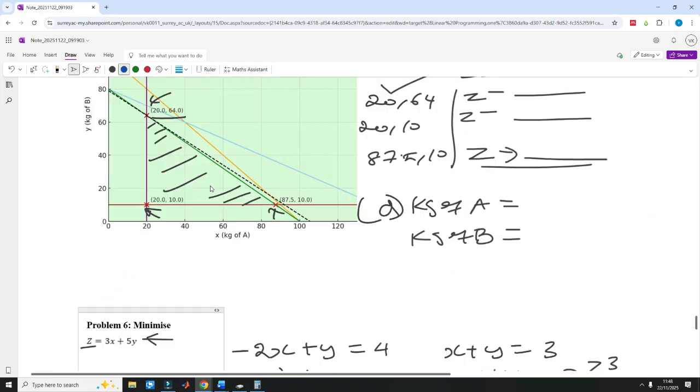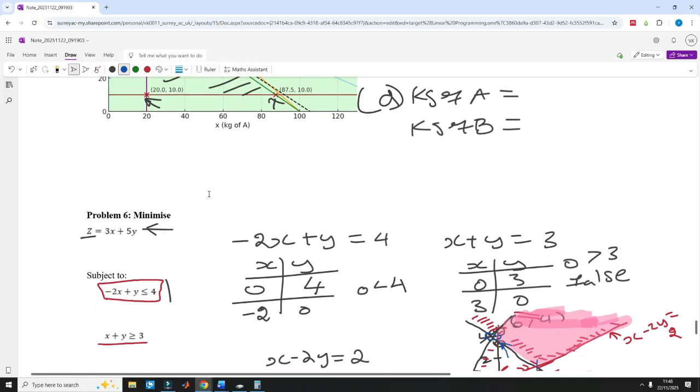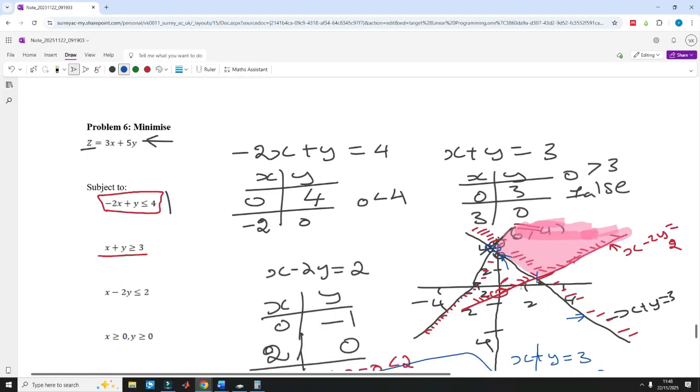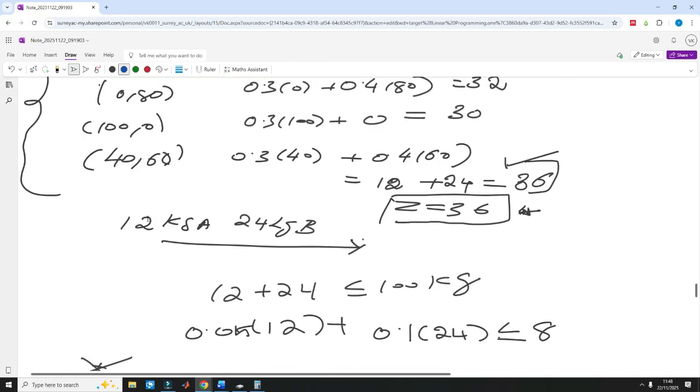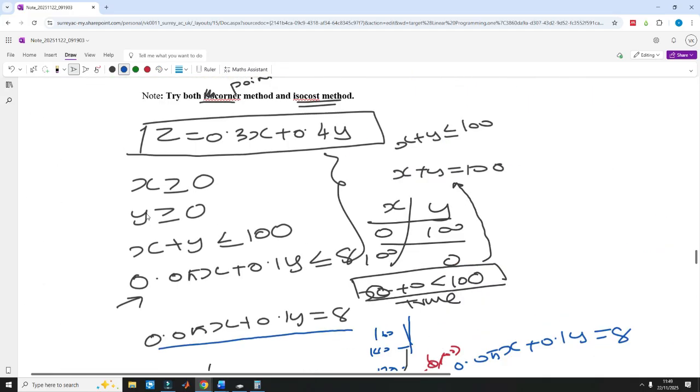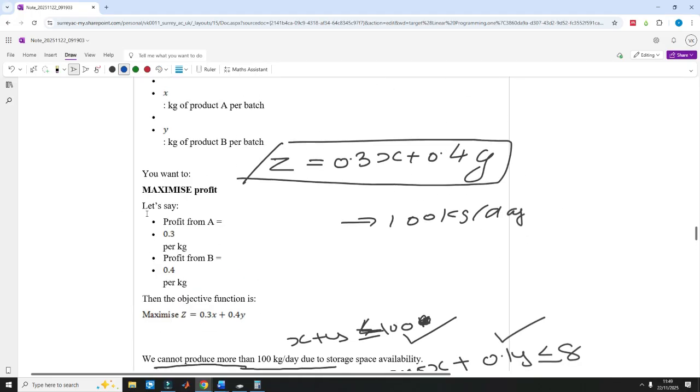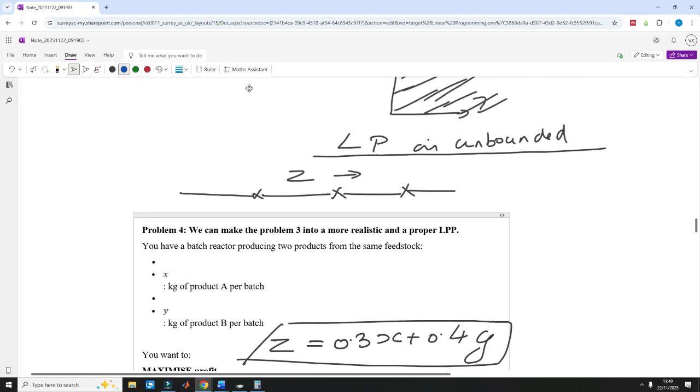And then we can even solve another problem. Problem 6 we can solve using the isoprofit method. Even problem 4 is worth solving using the isoprofit method. So maybe in the next video I will show you how to solve problem 4 using the isoprofit method.